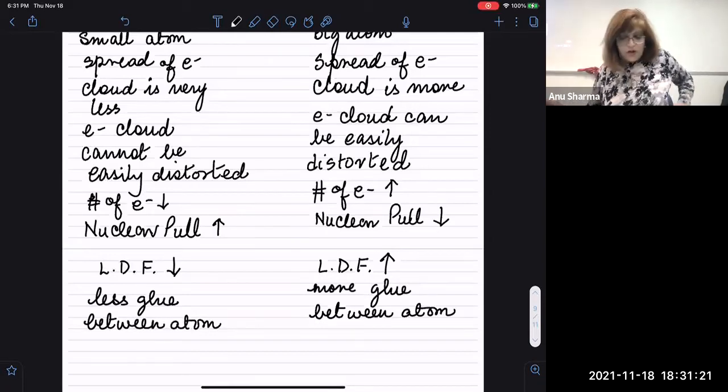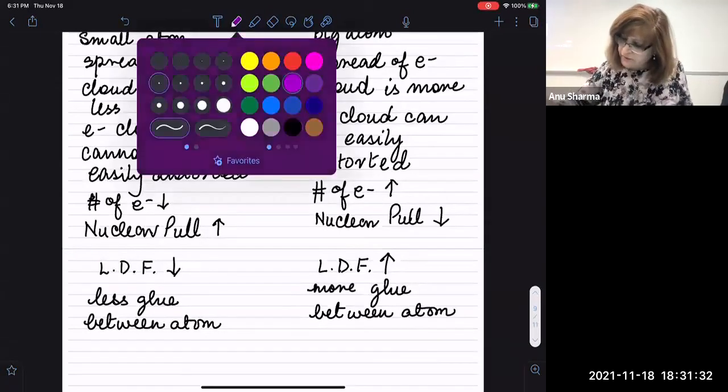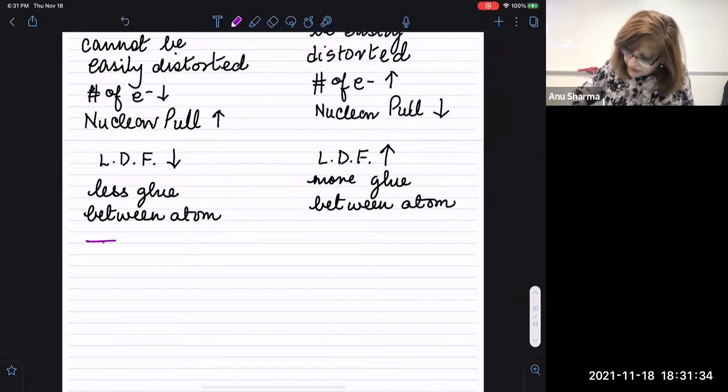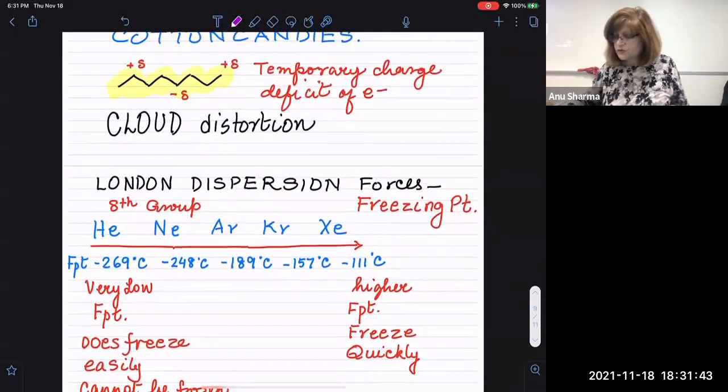This is the thing they're going to ask on the test, that in general, this is a trend in the periodic table, and the same thing applies to halogens also. I'm doing it with the noble gases, but the book is covering the halogens.